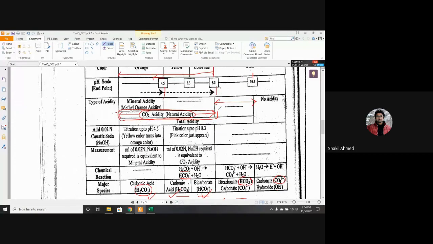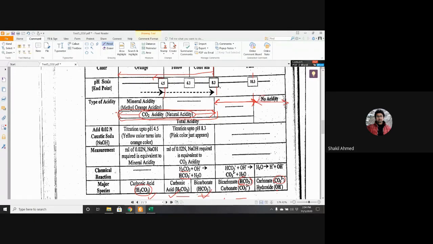Beyond 8.3 to 10.3, you may have acidity, and that is because of other species. Now beyond 10.3, there is no acidity.